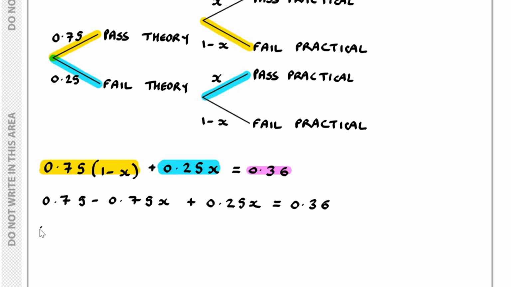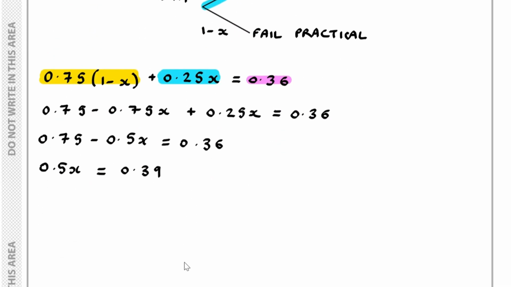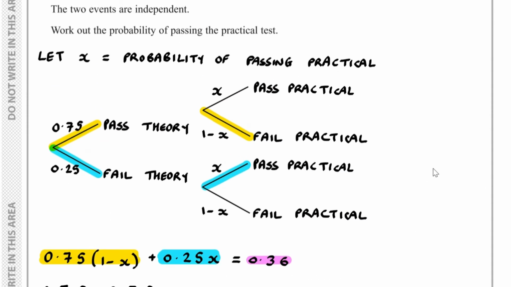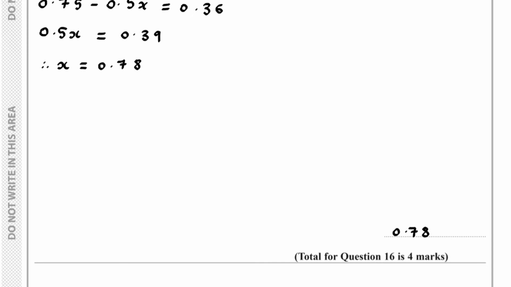So I've got 0.75 minus 0.5x equals 0.36. 0.5x then is equal to 0.39, which means x is equal to 0.78. So the probability of passing the practical is 0.78.